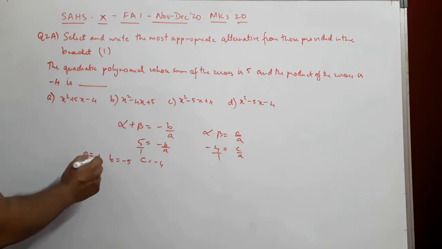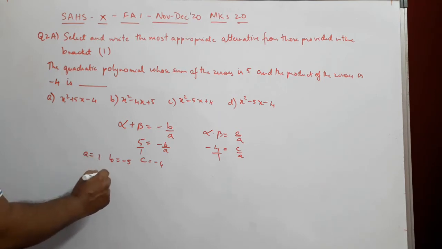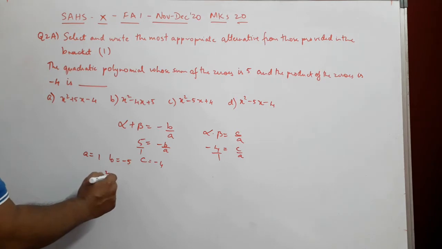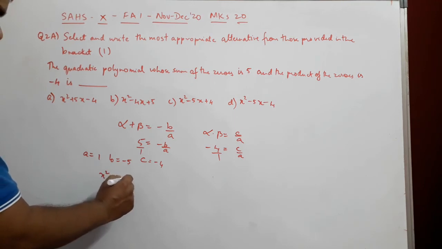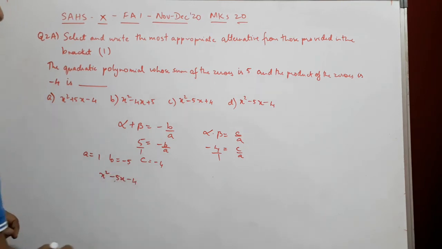And using this in the general form of the quadratic polynomial, we can easily find out. Since the coefficient of x square is 1, we write this as x square. The coefficient of x is minus 5, so that is minus 5x, and minus 4. This will be our polynomial. We will see which one is that.